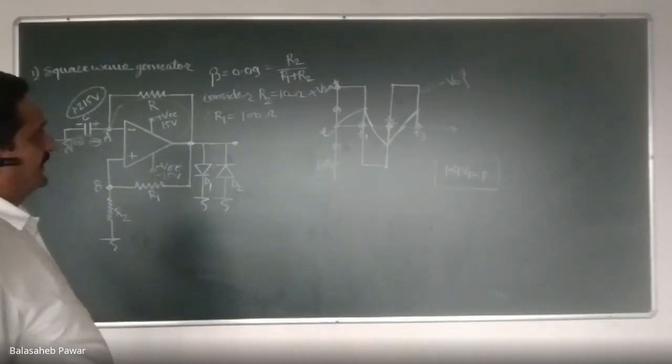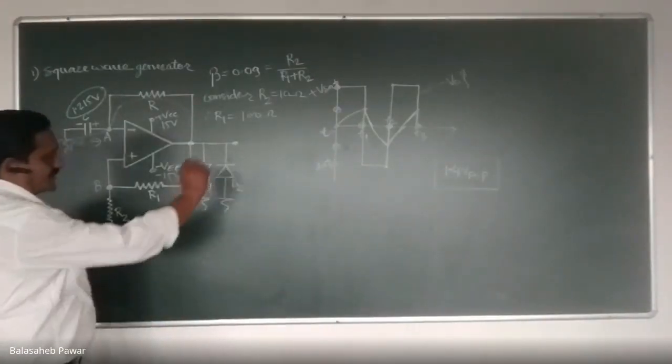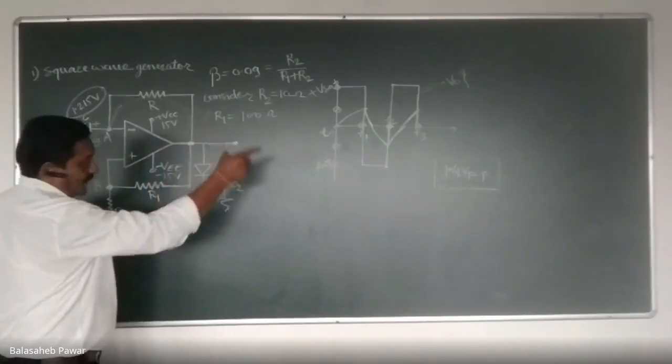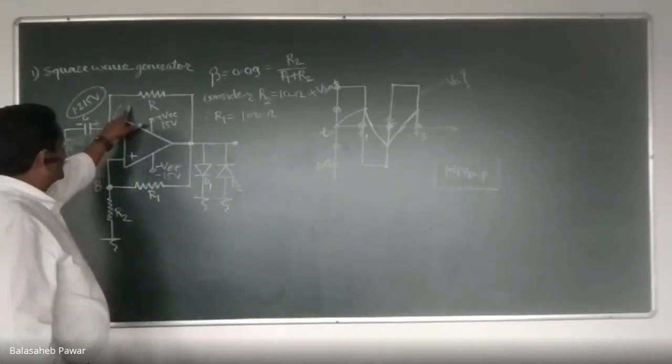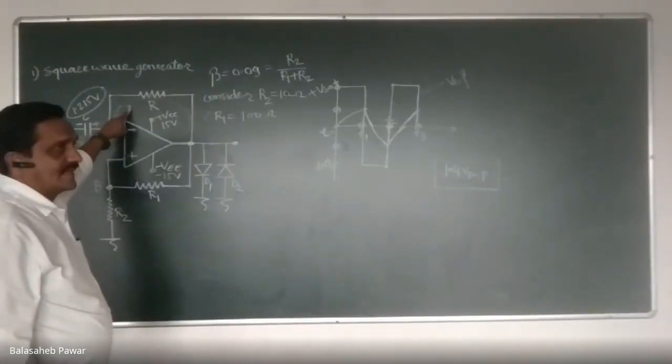Okay, now see one more thing. Can you think whether this oscillating frequency of the obtained square wave output is dependent on the RC time constant of this network? Are you agree with this?